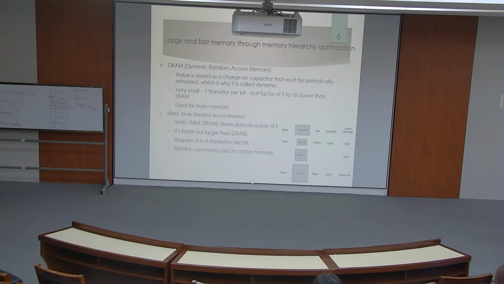Now, we have a simple picture here, which depicts the different components of the computer and their speed. We have the processor, which has a higher speed, and we have the memory. Here we can imagine this is the cache memory. As you can see, they are very small.